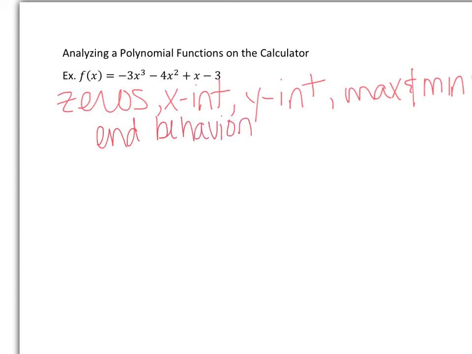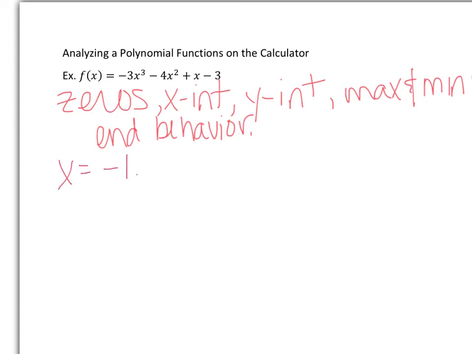We have found all this in the calculator before, so I'm going to trust that you can put it in the calculator, you know how to find it, and we're going to go over what the answers would be to describe a polynomial function.